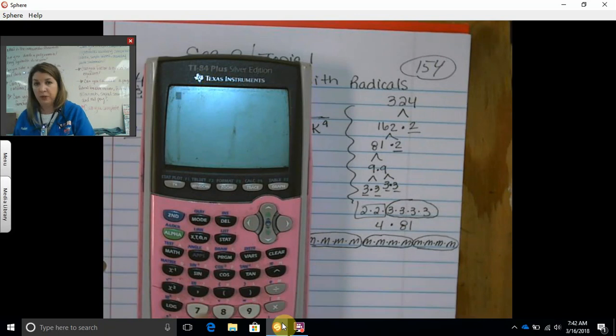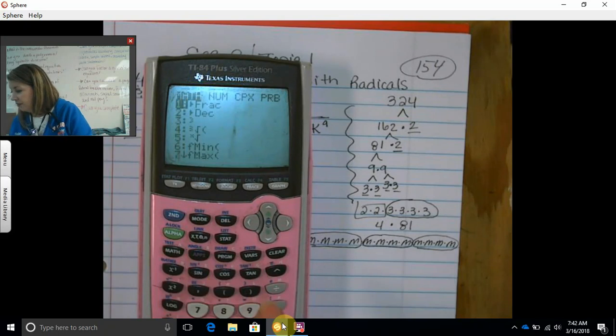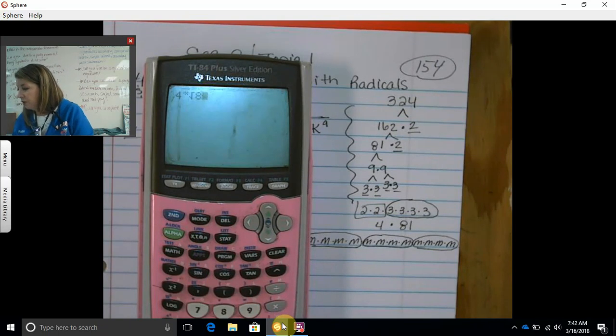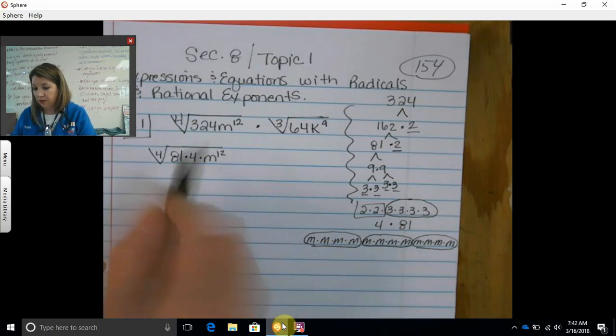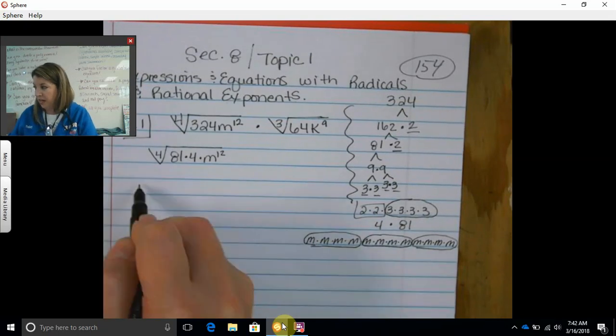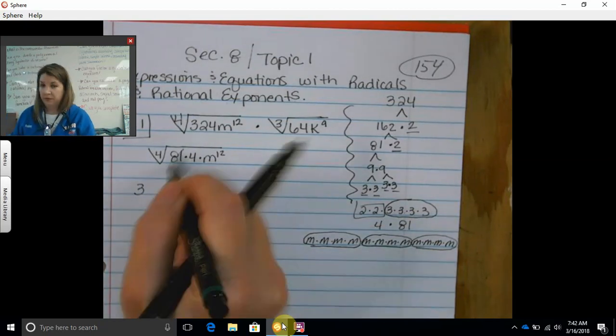But if I wasn't sure, put your root in first, hit math, option 5. We want to know the 4th root of 81, 3. So if I take the 4th root, I put that number on the outside. So I have taken care of 81.